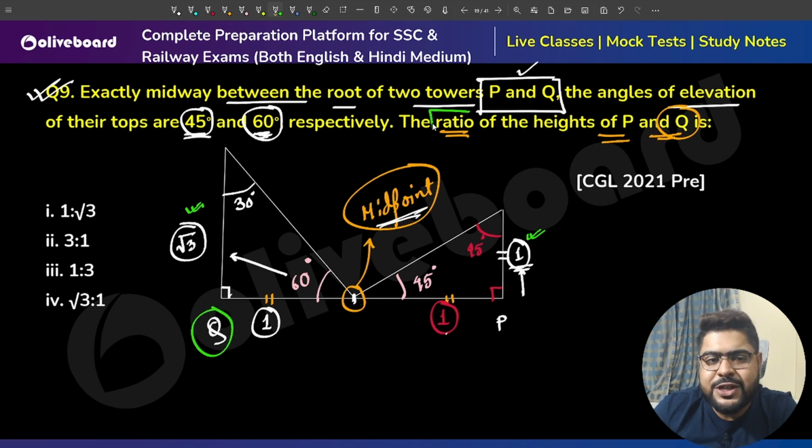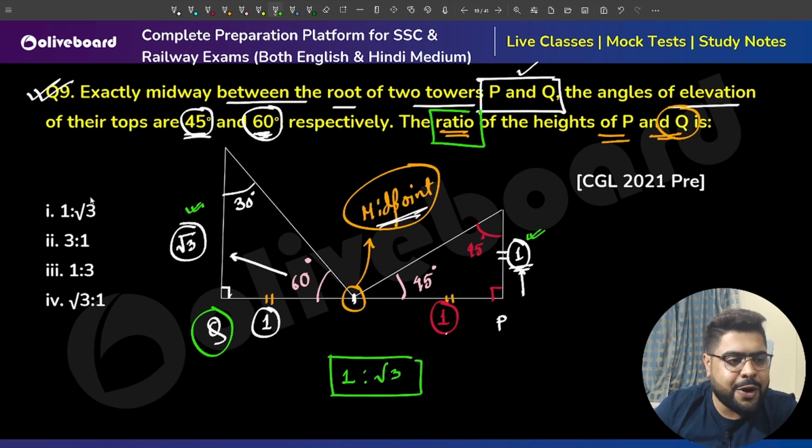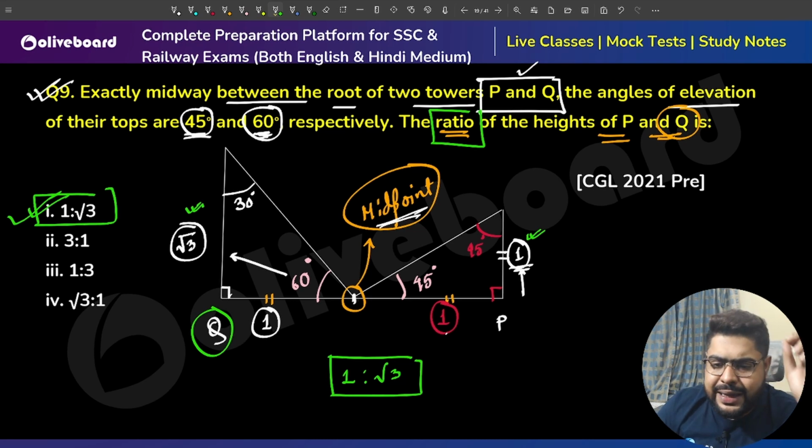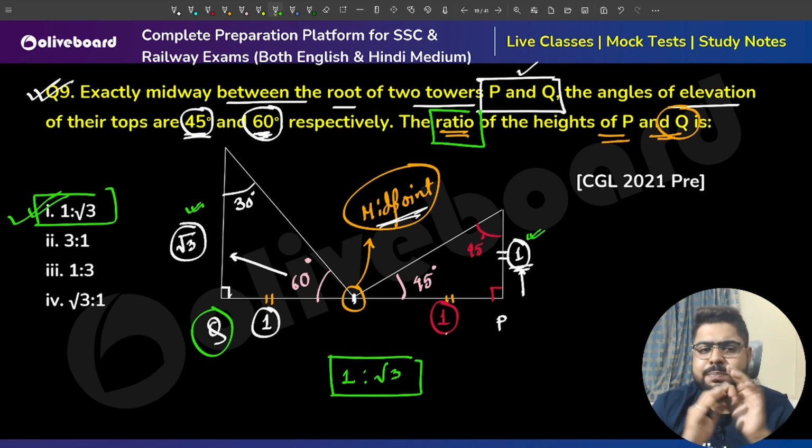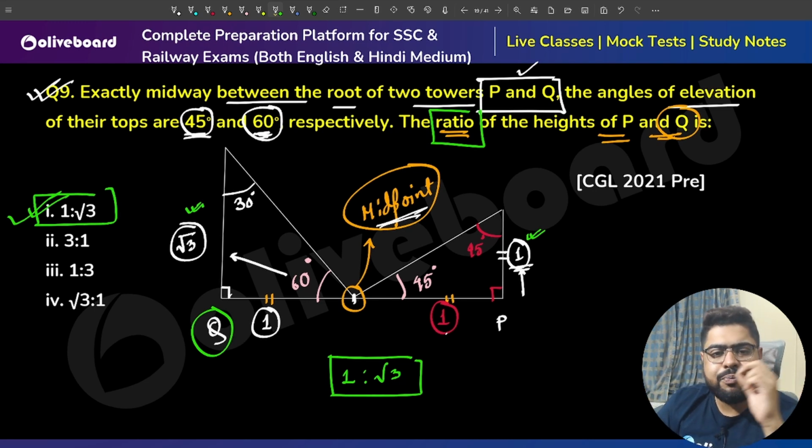The ratio P to Q is 1 to root 3, option number 1, that is most definitely your answer. A very, very simple approach. You just need to draw the figure, and if you know only those two ratios, that works wonders.